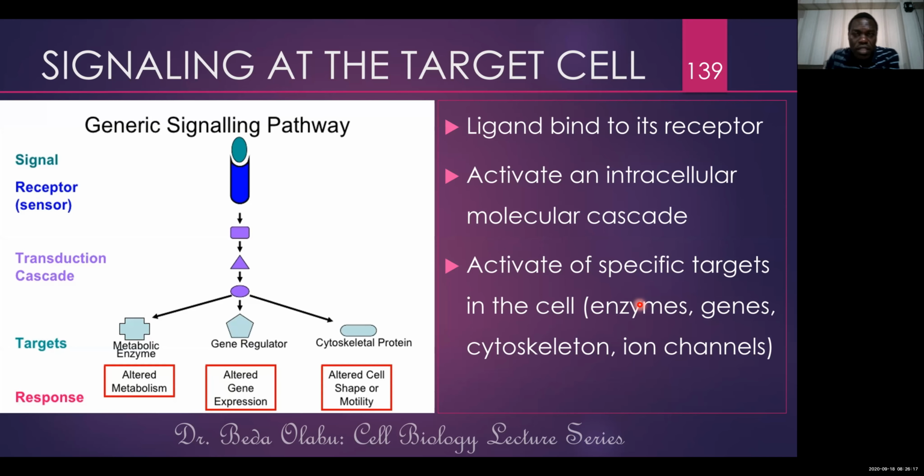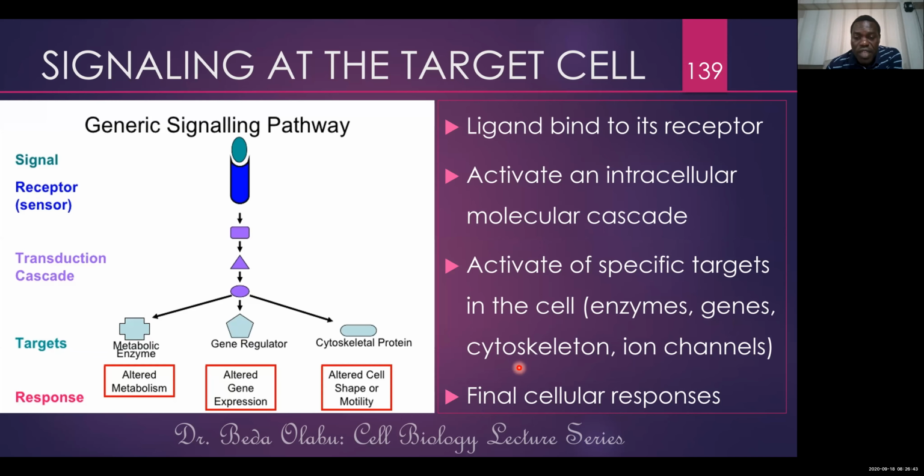Either there is increased metabolism, or you actually inhibit metabolism, depending on what type of enzyme you've activated. If it's a gene that is activated, then it means that you'll have altered gene expression in terms of protein synthesis.